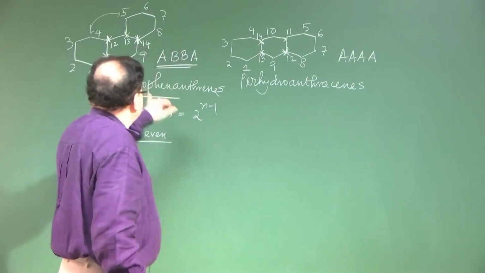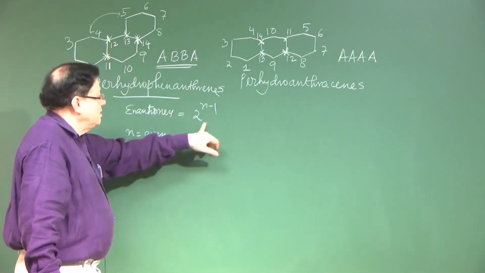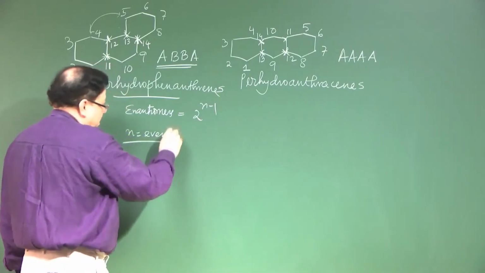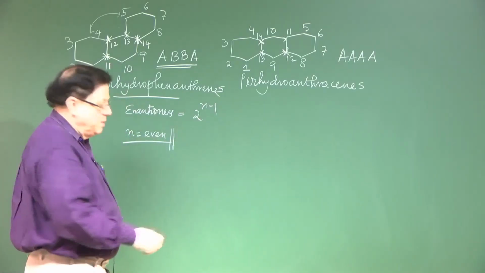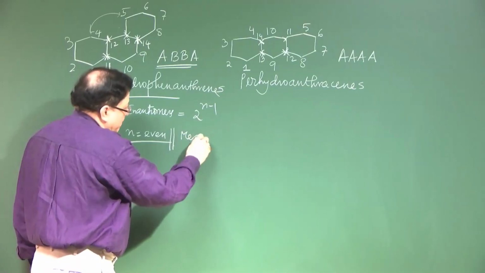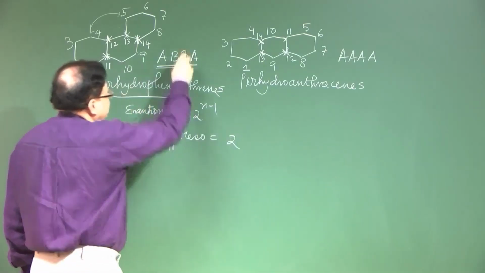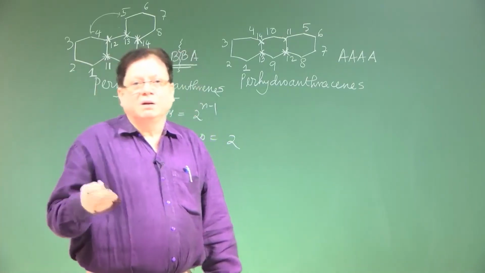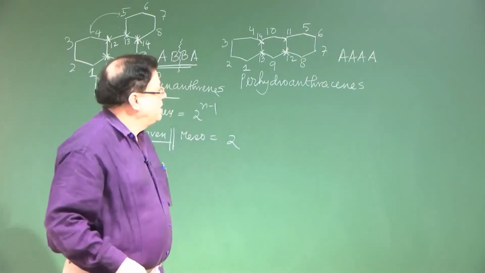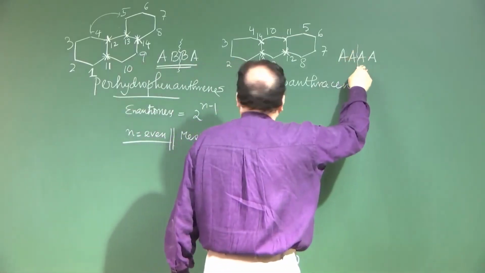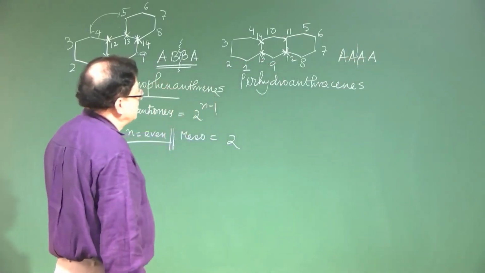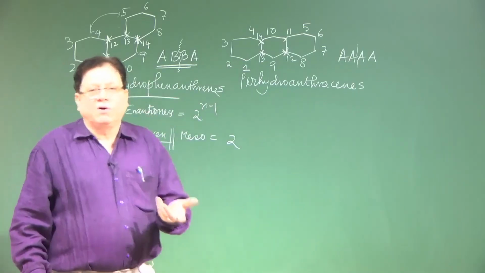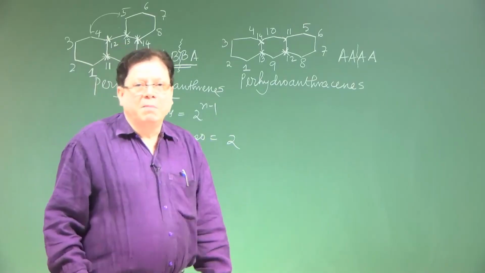Here n is even because the number of stereogenic centers is 4. So, this is the number of enantiomers. And the number of meso compounds, because there will now be chances of meso, because you will have the presence of a plane of symmetry. Here also presence of a plane of symmetry is possible. So, that will reduce the number of stereoisomers in the active form and some of them will become meso as a result.